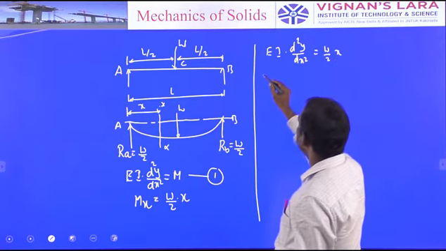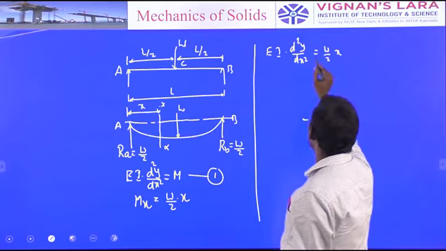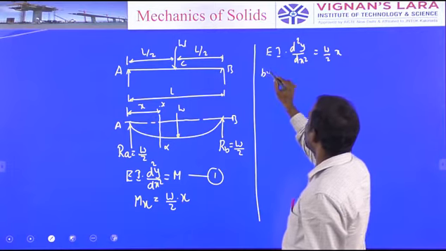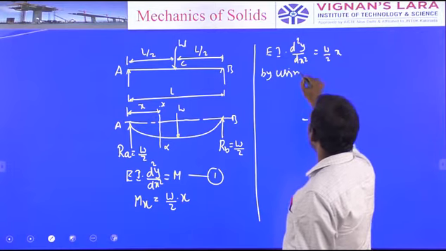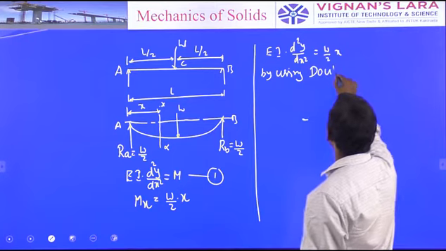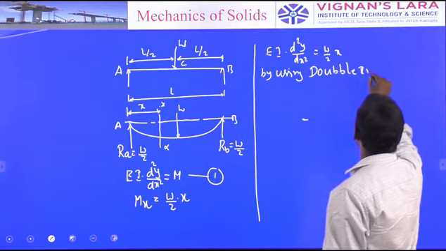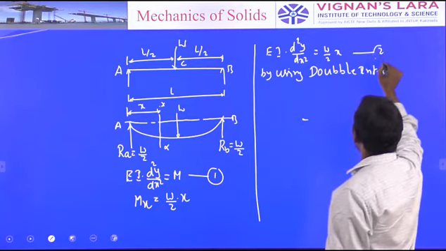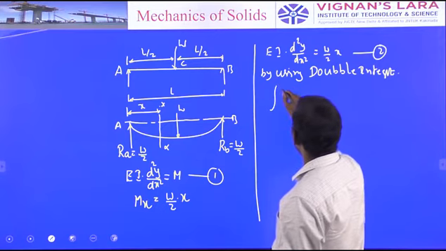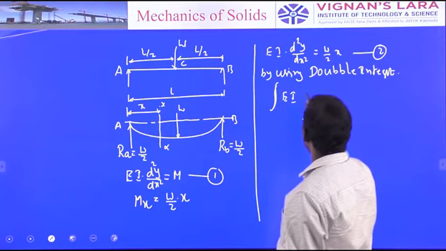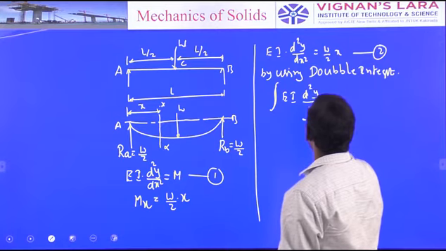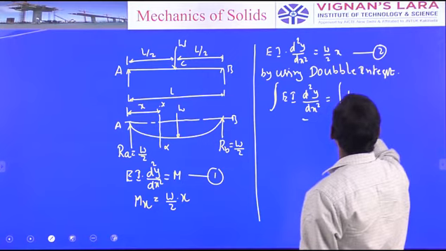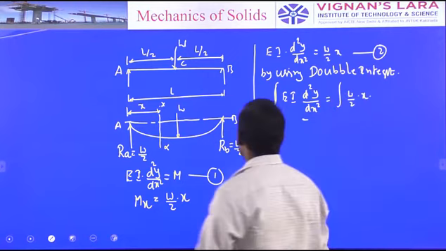If you want to calculate the slope and deflection at any section using the double integration method, then for equation number 2, simply integrate: integral of EI d square y by dx square is equal to integral of W by 2 into x. This is the procedure.